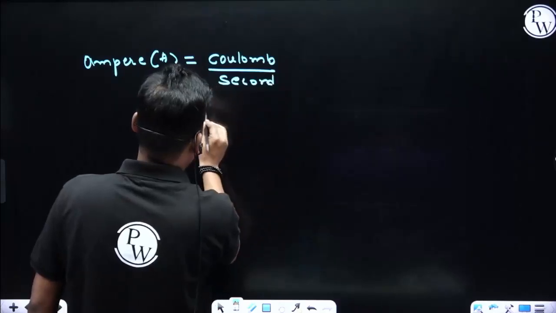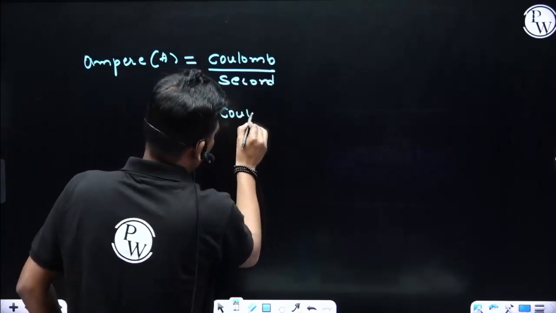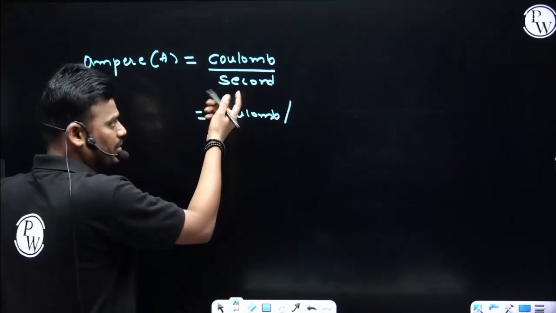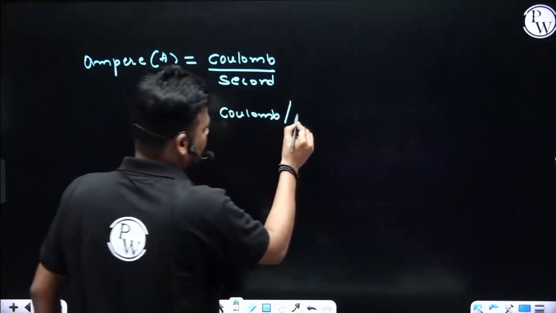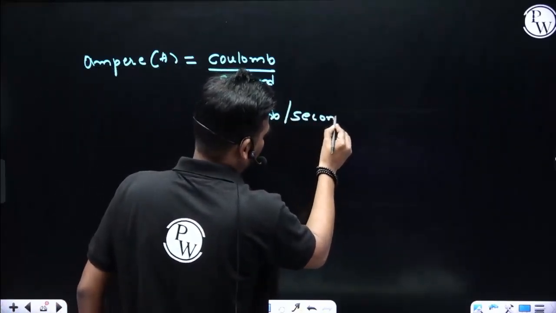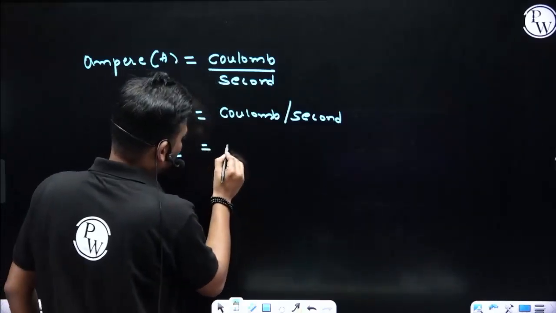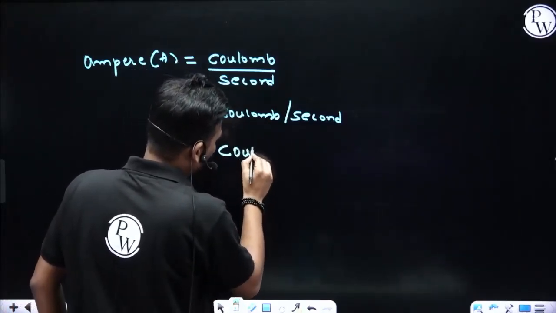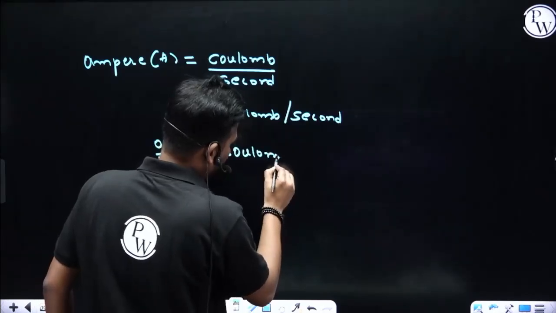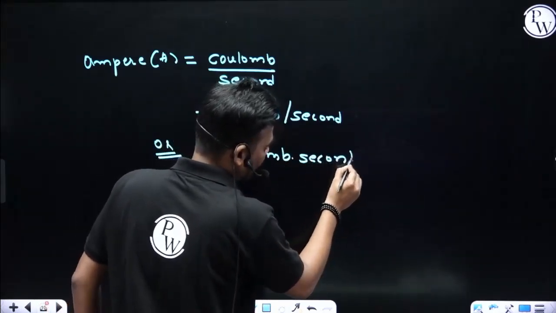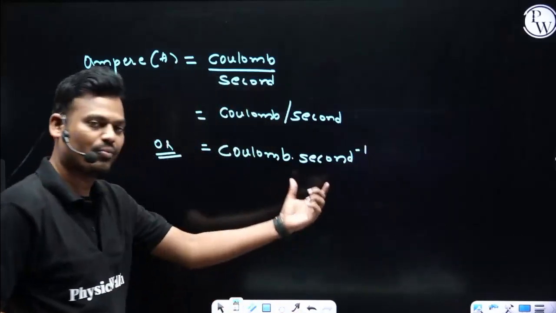So this can be written as coulomb per second, or another way of writing this, coulomb second, but here power 1.